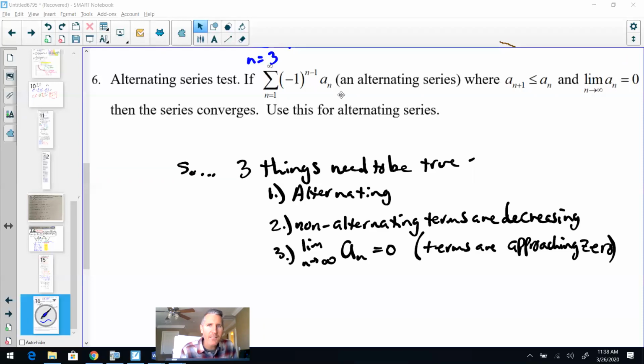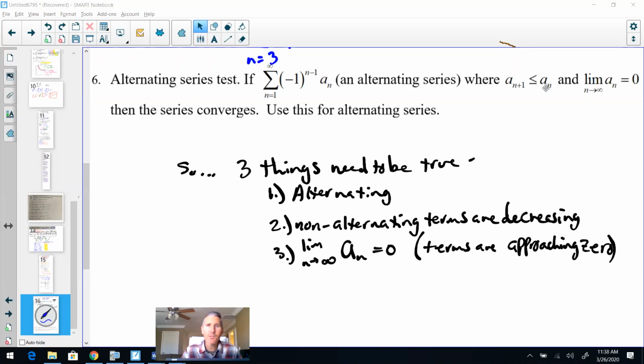So right now they're calling a sub n the non-alternating part of each of the terms, right? And so if we have that infinite series alternates, and if the (n+1)th term is less than or equal to the nth term, all that means is that the non-alternating parts of the terms are decreasing in value or staying the same in value, okay?